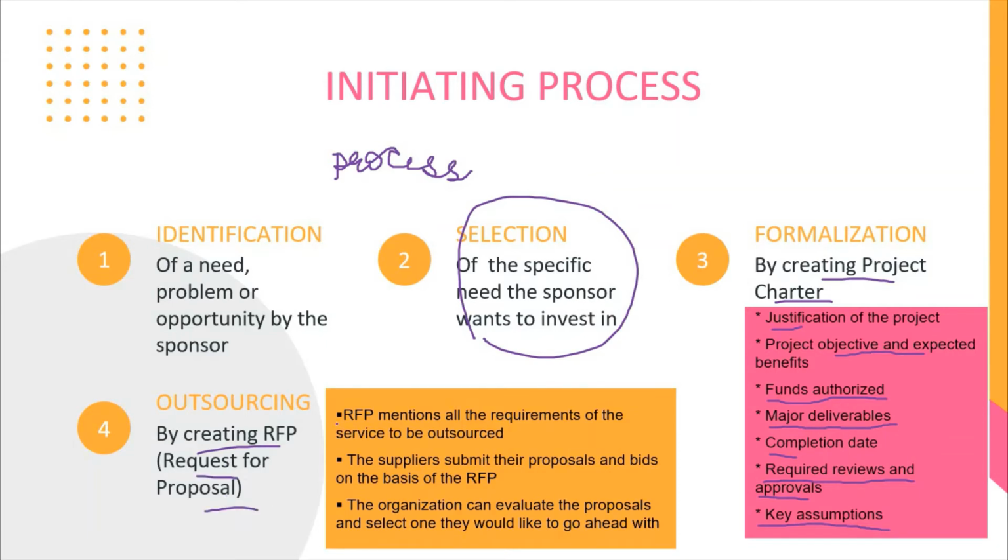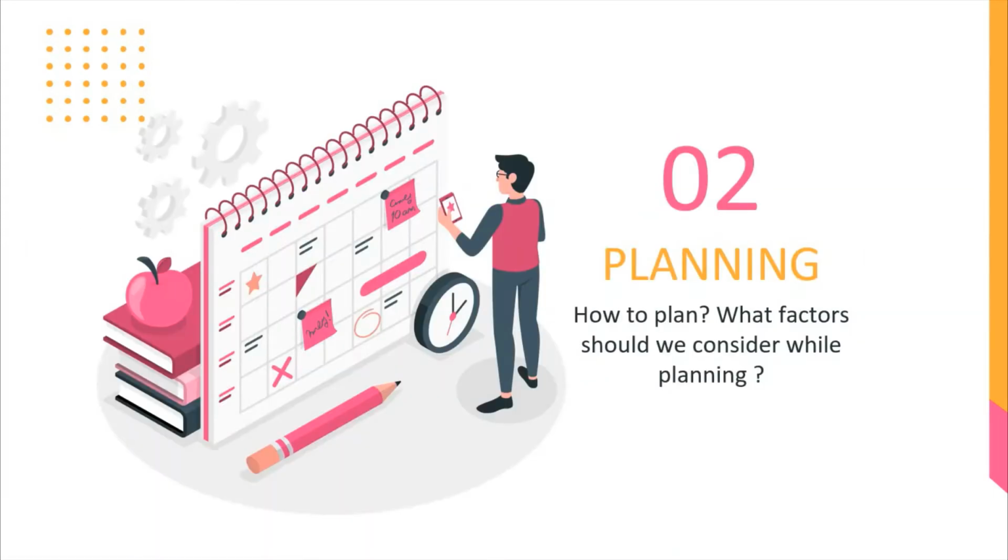The request for proposal mentions all the requirements of the service that needs to be outsourced. After this, the suppliers can submit their proposal and bids on the basis of the RFP. The organization can evaluate the proposals and select the one they like to go ahead. I hope it's clear. We'll go to the next slide now, which is planning.